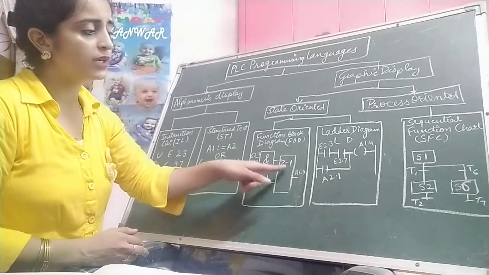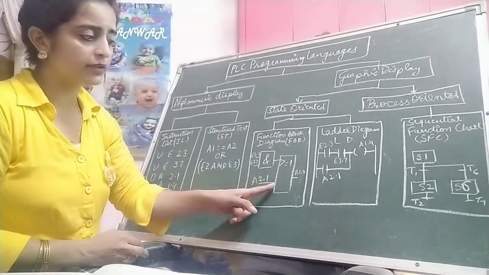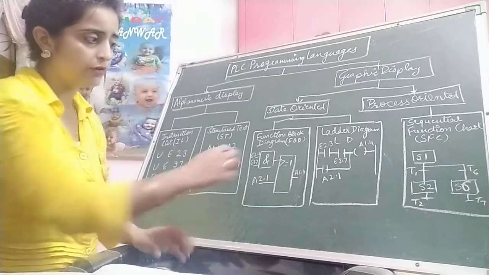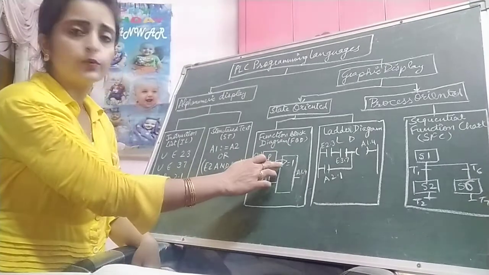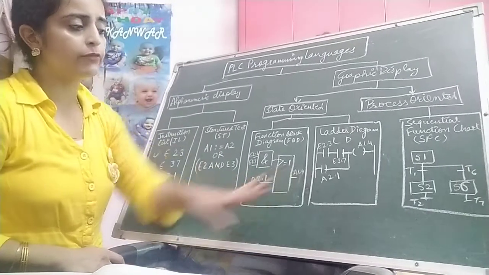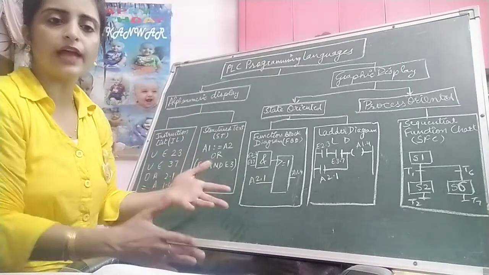That one output is given to the greater than or equal to block, and here another input is given, that is A 2.1, whatever will be the input given to this block, and it will compare greater than or equal to, and then it will give you the answer. So like this, in this format, the functional block diagram works.